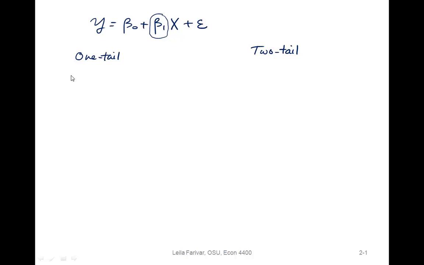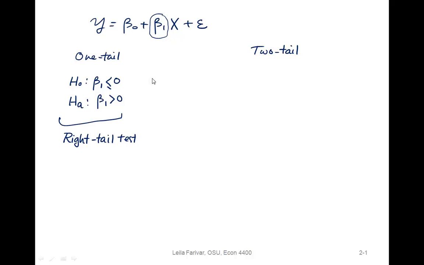A one-tail test could be left-sided or right-sided. So if I write this H null about beta 1, against the alternative that beta 1 is larger than 0, this one is a right tail or right-sided test.